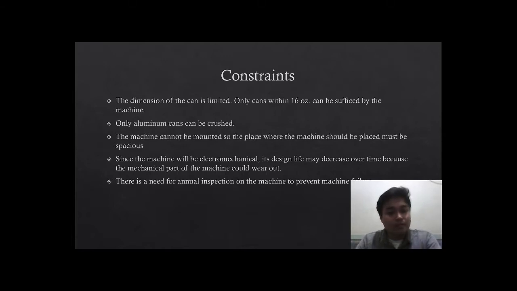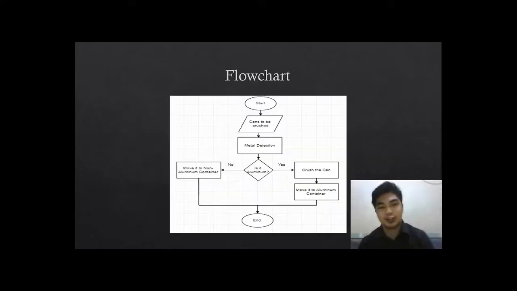Since the machine will be electromechanical, its design life may decrease over time because the mechanical parts of the machine could wear out. Lastly, there is a need for annual inspection of the machine to prevent machine failure.